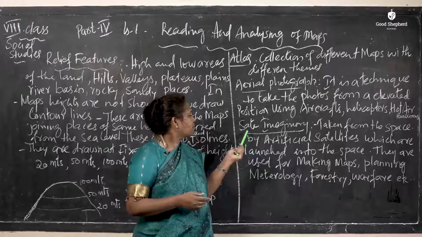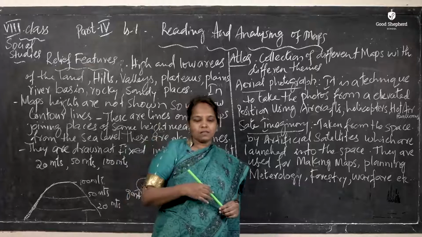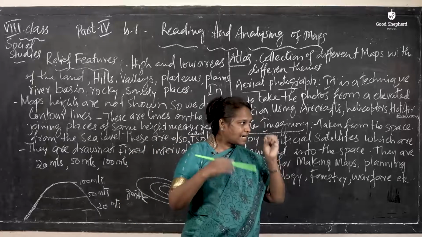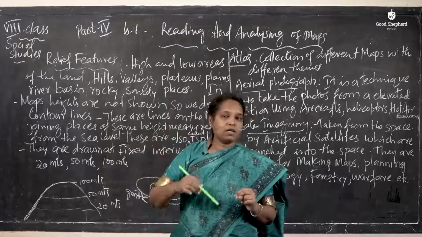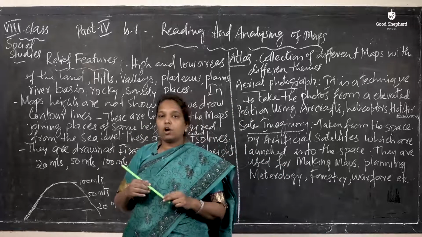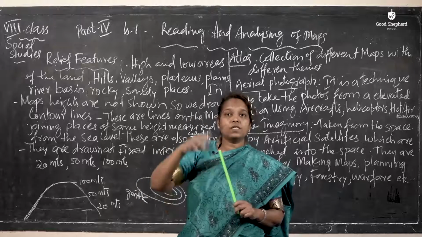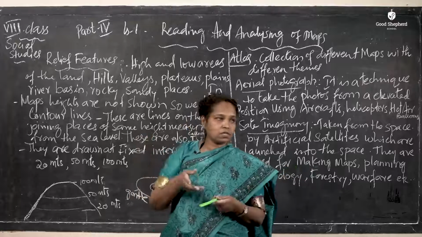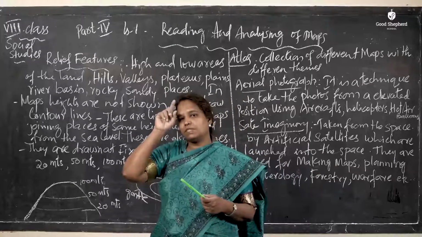Now next comes satellite imagery. These images are taken from satellites. These satellites are specially launched into space, where they take images of the earth, of the continents or the ocean or the sea, or for any purpose.